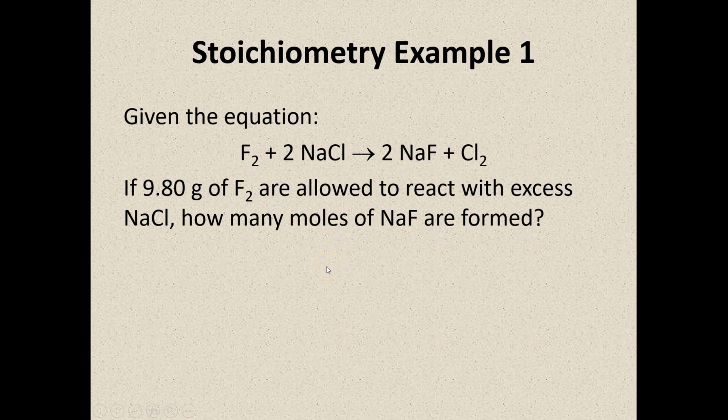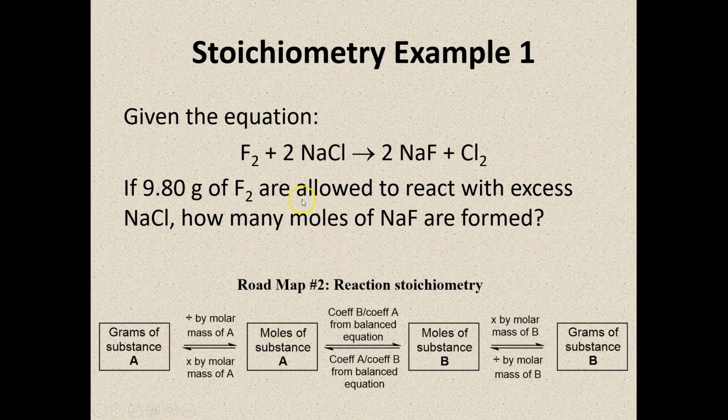And so we take a look at the roadmap again, you'll notice that this is not like the previous one, a grams of A to grams of B. We're going to define fluorine as substance A because it's the thing about which we are given quantitative information, 9.80 grams. But it's not asking us for grams of substance B, which is sodium fluoride.